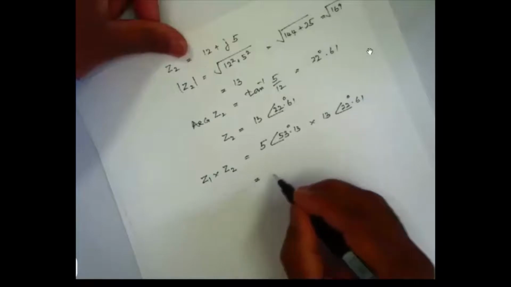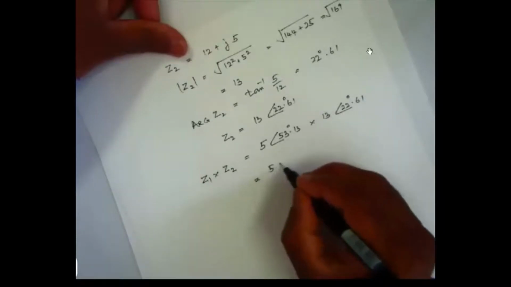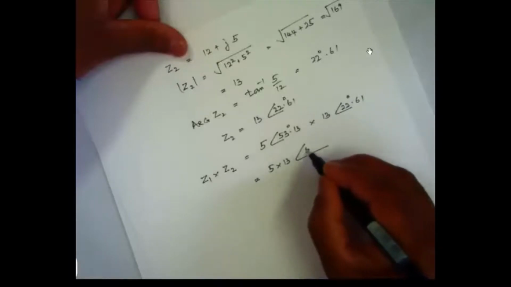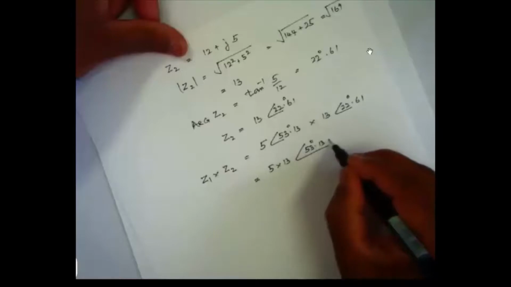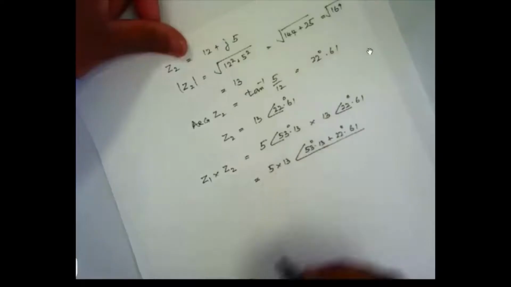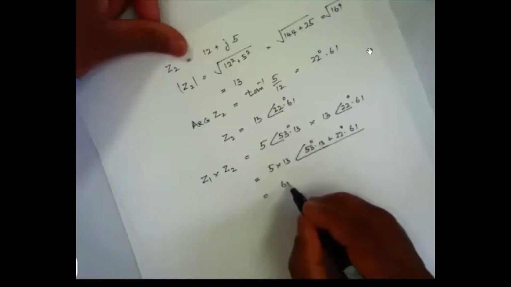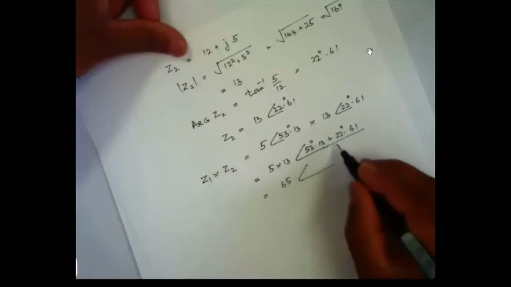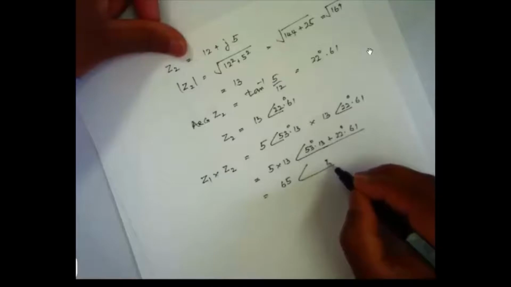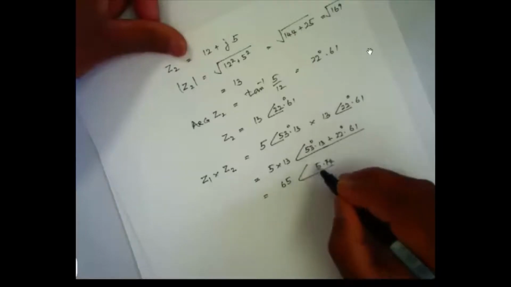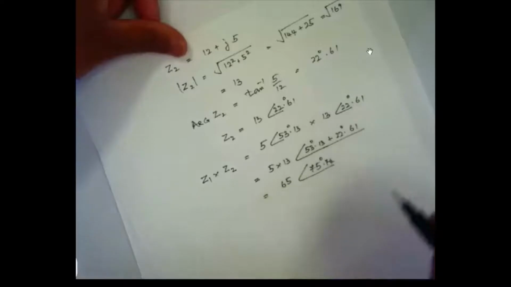And now we simply have to multiply 5 times 13, and add these two angles, 53.13 plus 22.61. So 5 times 13 is 65, and when you add the angles, we get 75.74. So that's the answer.